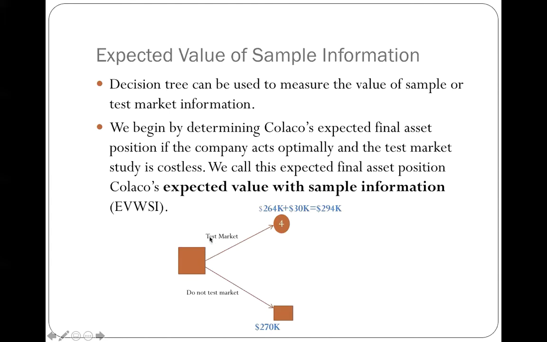Okay, so this is under the situation that we do the local test but we do not charge any value. And obviously if we do not do the local test and just go ahead with the rest of the decision, we will observe 270K. Okay, so in that scenario, which one of these decisions is better, doing the local test or not? Obviously doing the local test is better because that leads to higher asset value.